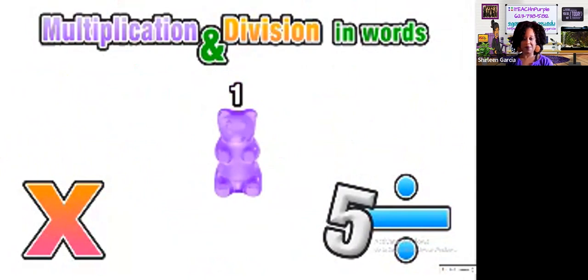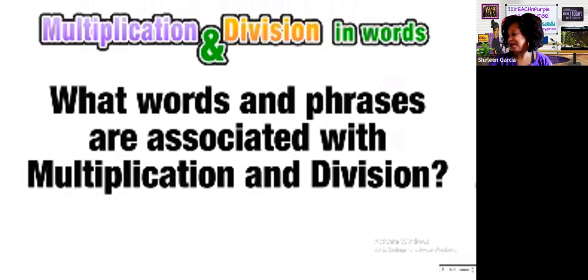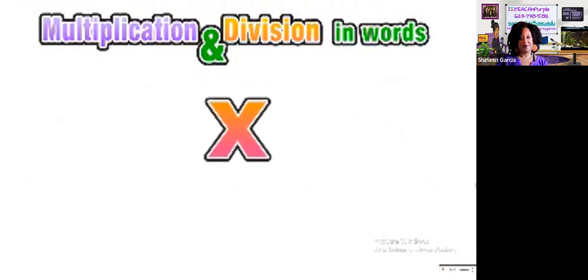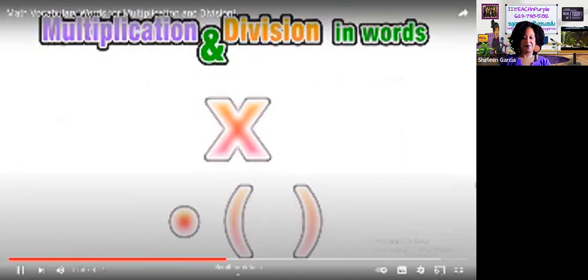So now that we are refreshed on why multiplication and division go hand in hand, we can go ahead and explore the different words and phrases that are used to express these operations in words. So let's start off with multiplication. And we have a few different symbols that we use to represent multiplication.